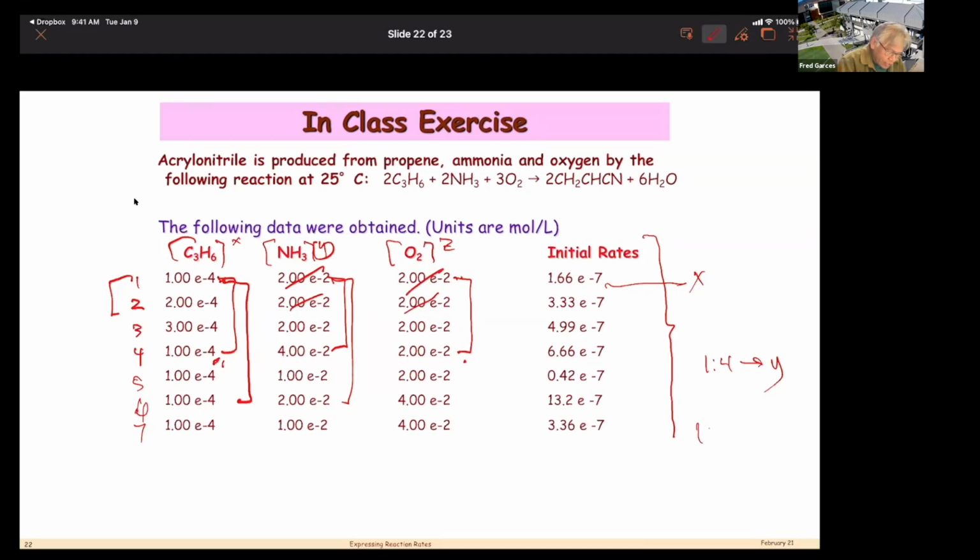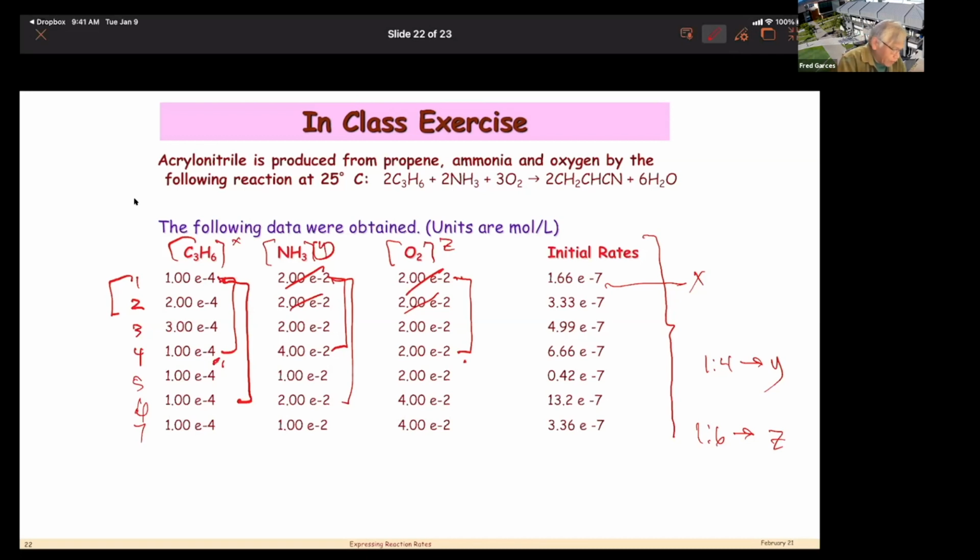So with 1 and 6, I can get Z. And that's what you need to do in order to do these problems. You've got 3 equations to solve. It's not very difficult. Okay, and then you can establish X, Y, and Z. Once you get X, Y, and Z, then you can solve for K. But these things, if you do it enough times, you could do it in your head.